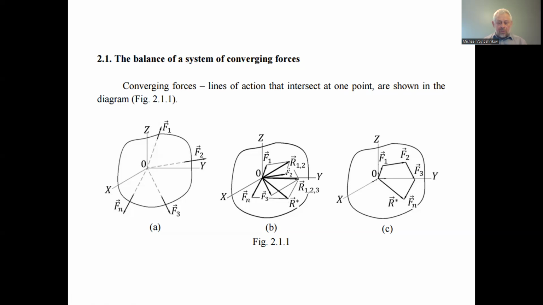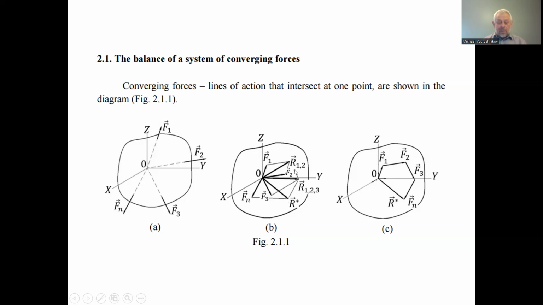The concept of the resultant of the convergent system of forces. We can use a parallelogram rule to find the resultant of the convergent system of forces, and we can do this consecutively. So the resultant of the first couple of forces, F1 and F2, we can find by the parallelogram rule.